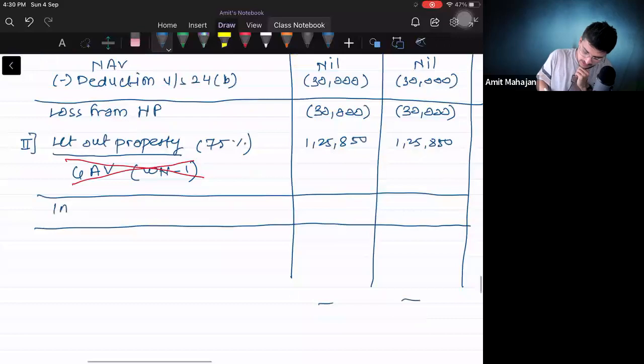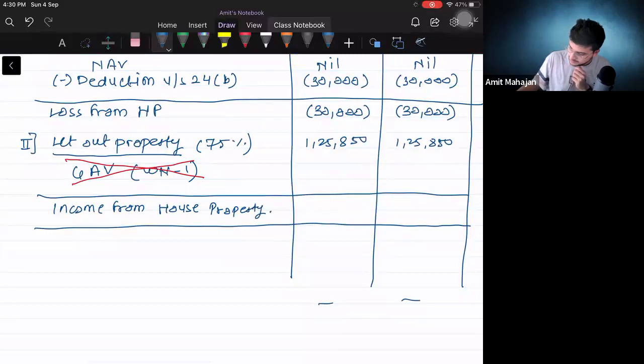So that will be income from house property, 95,850.